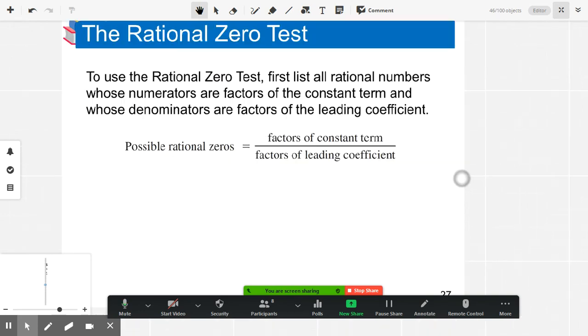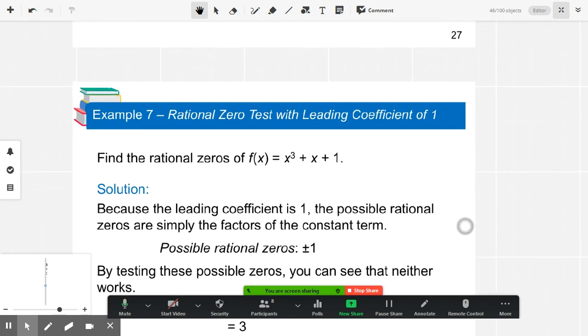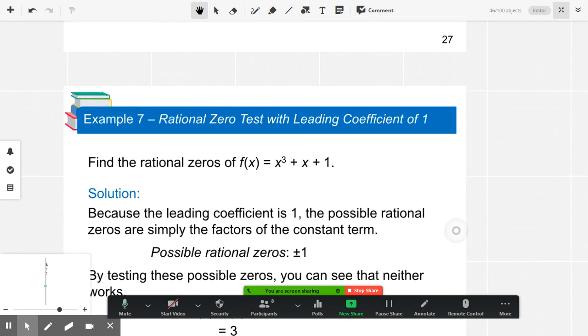So let me show you how this works. This one's pretty simple. It says to find all the rational zeros of x cubed plus x plus 1. The two numbers we're concerned about to find the possible zeros are the constant and the coefficient of the first term.